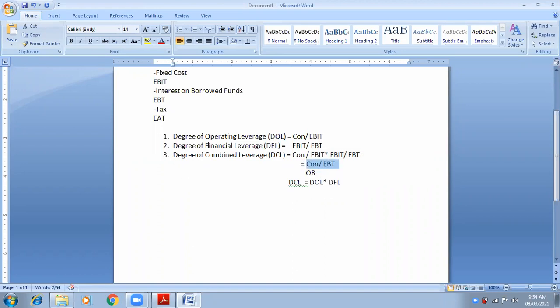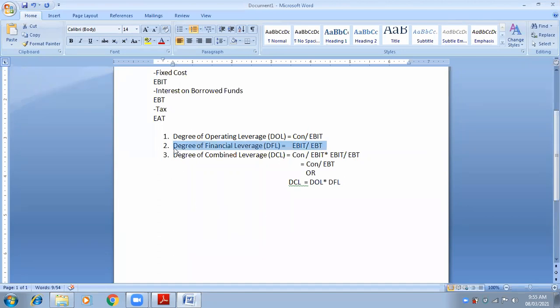Okay. Tell me, what is the formula of DOL? Contribution upon earning before interest and tax. What is the formula of DFL? Earning before interest and tax divided by earning before tax. Very good.